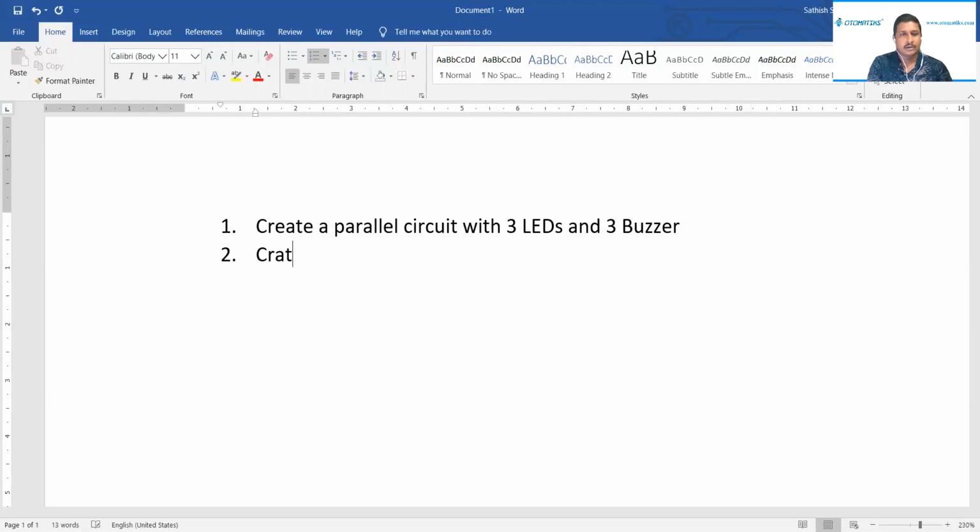Next, create a parallel circuit with 3 buzzers and 3 bulbs.